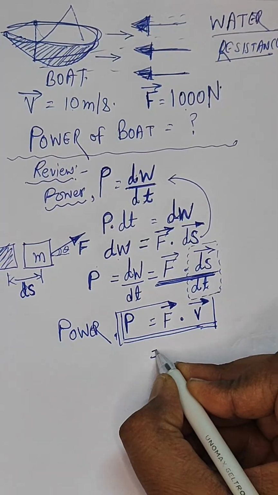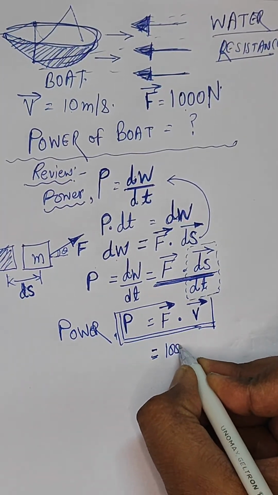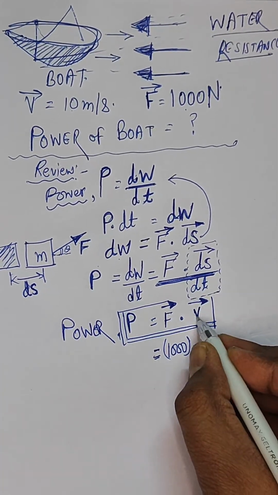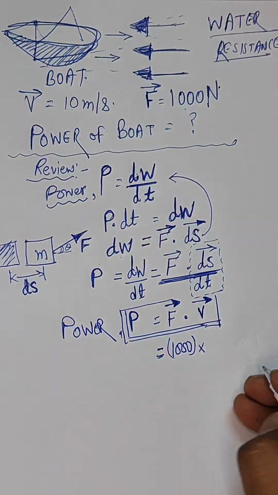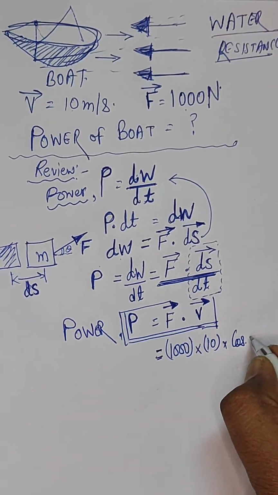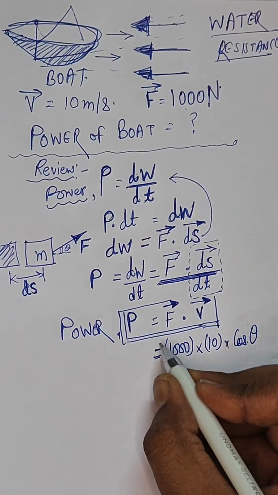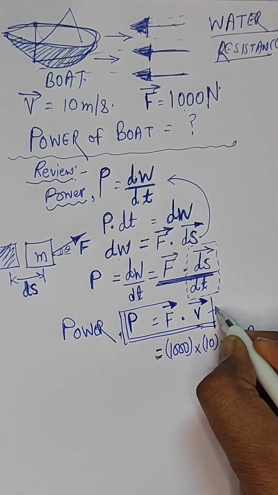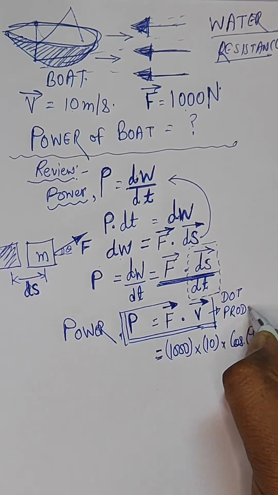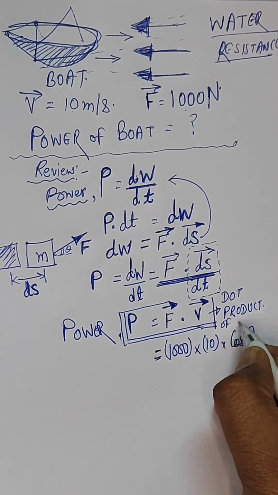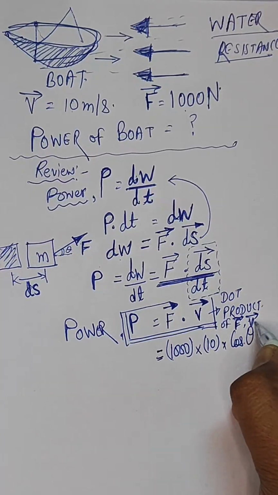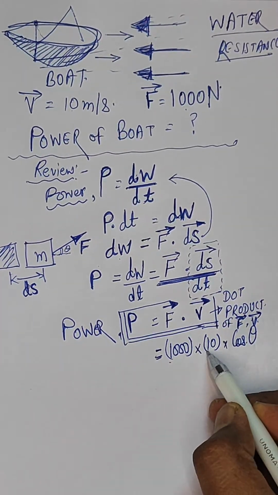So we can write it as 1000 Newton multiplied with V, V is 10 meter per second, into cos theta, because this is the dot product of force and velocity. So it will be 1000 into 10 into cos theta.